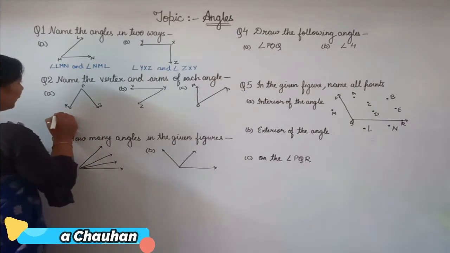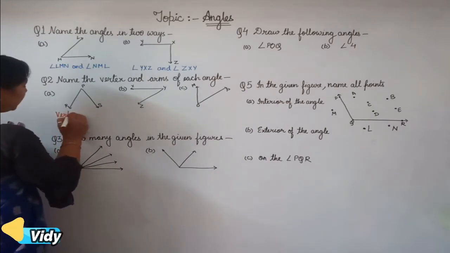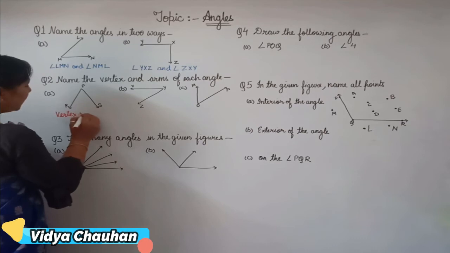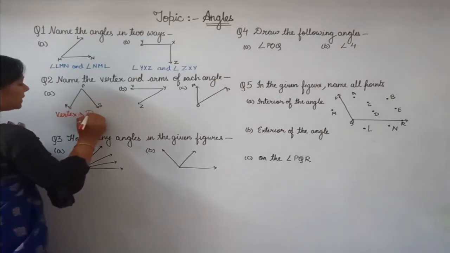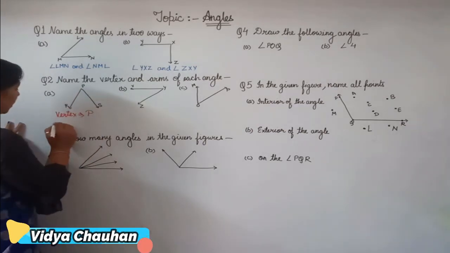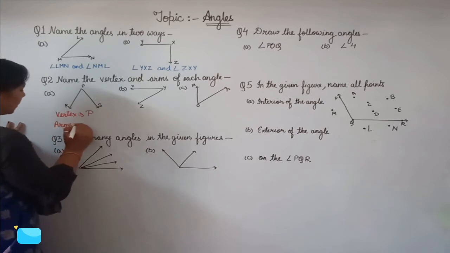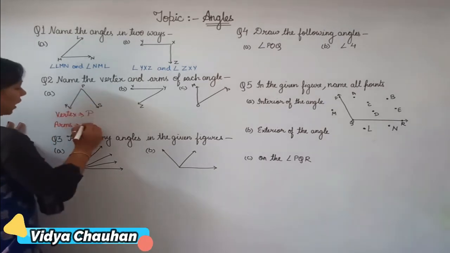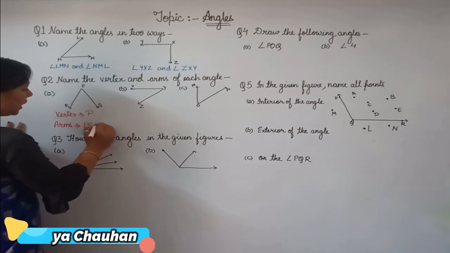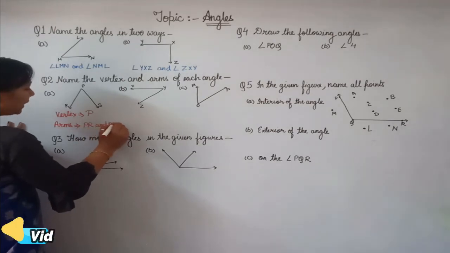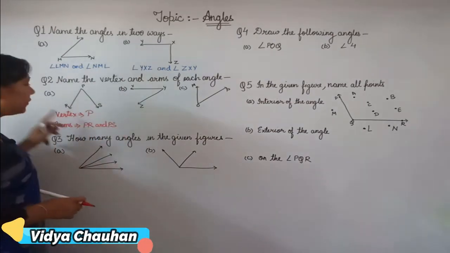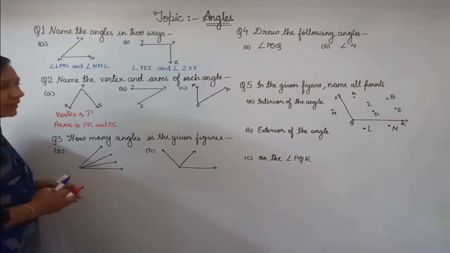So here, very first I will be writing the vertex. What is the vertex for the first figure? The vertex is P. And what are the two arms? Arm PR and PS. So these are the two arms for the first given angle.